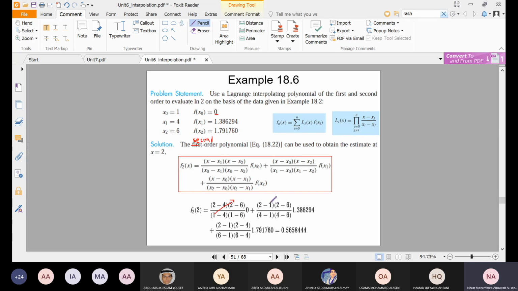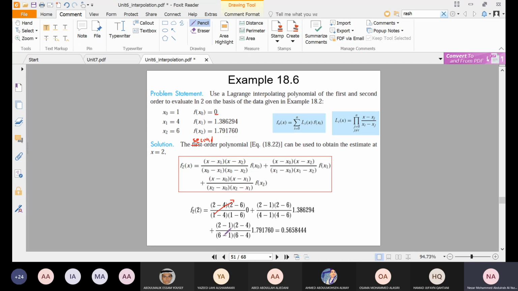After that, we'll go for the next term to compute L1. L1 is nothing, just x minus x0, which is 2 minus 1, multiplied by 2 minus x2, which is 6, over x1, which is 4, minus x0, which is 1, multiplied by x1, which is 4, minus x2, which is 6. Multiply this by the function at x1, which is this parameter.